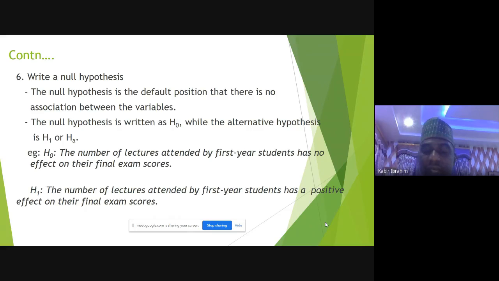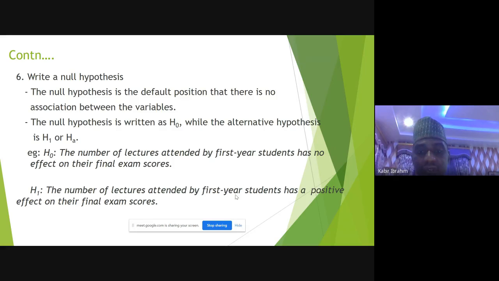The null hypothesis is written as H0, while the alternative hypothesis is HA or H1. An example of a null hypothesis: the number of lectures attended by first-year students has no effect on their final exam scores. The alternative hypothesis: the number of lectures attended by first-year students has a positive effect on their final exams.